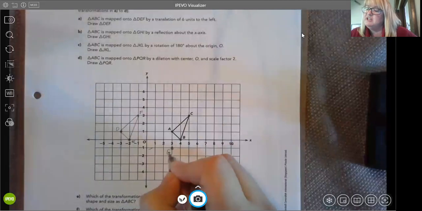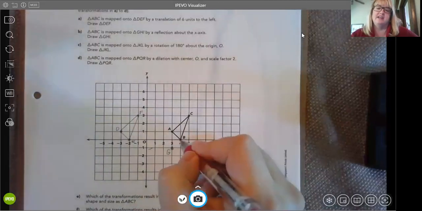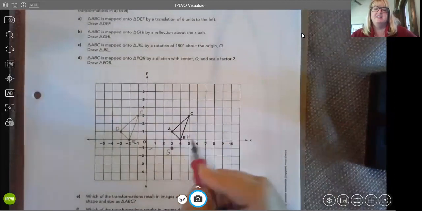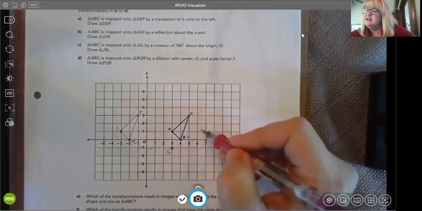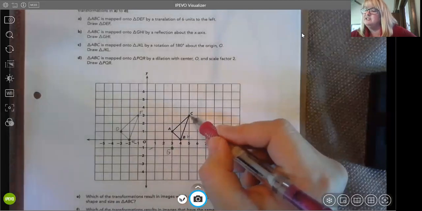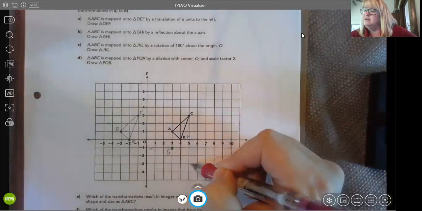So this is G. H is where B is. Well, B is already on the x-axis, so H is going to stay here. So I'm just going to write H next to B. And then C is 1, 2, 3 above the line of reflection. So I need to go 3 below. 1, 2, 3.